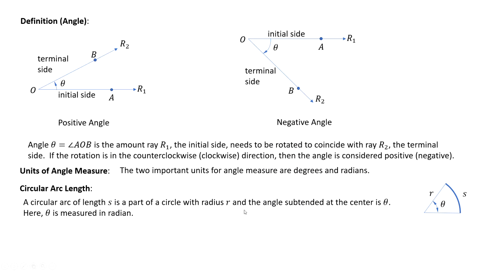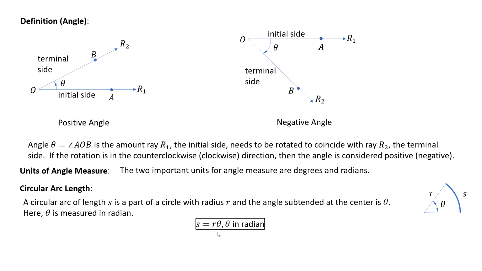Then we have this wonderful relationship. The arc length is equal to the radius times theta. But for this to be true, theta must be measured in radian. When you do, we have this simple relationship.